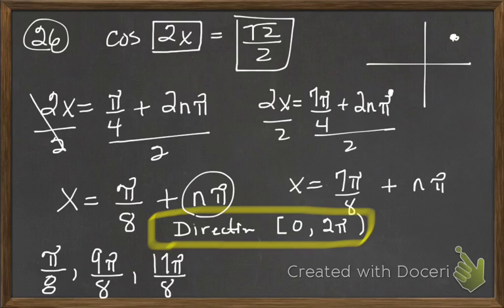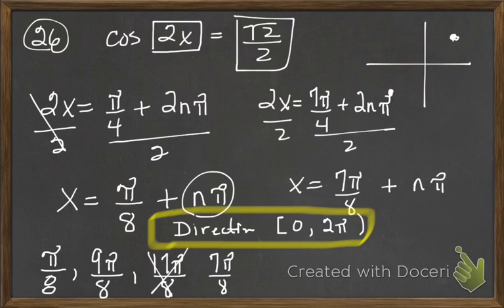So if we were in eighths, what would 2 pi be equal to? 16 pi over 8. So I can't use 17 pi over 8 because my directions say we only want the solutions between 0 and 2 pi. So I can't use that one. But I can jump over here and use 7 pi over 8. That's between 0 and 2 pi.